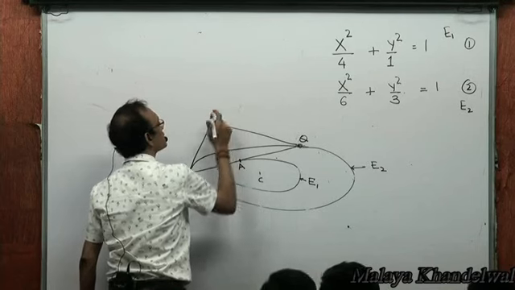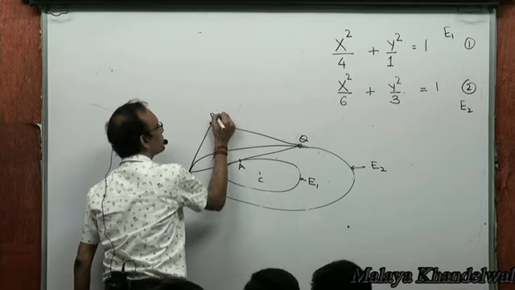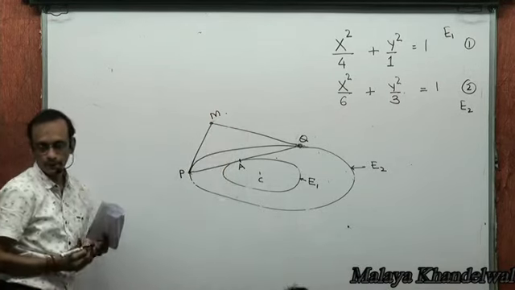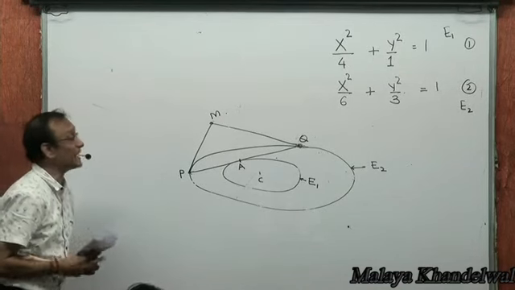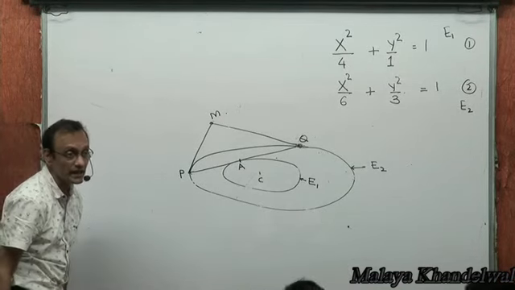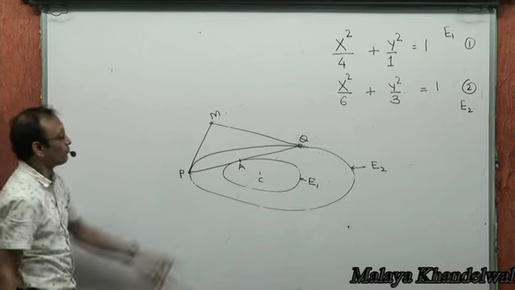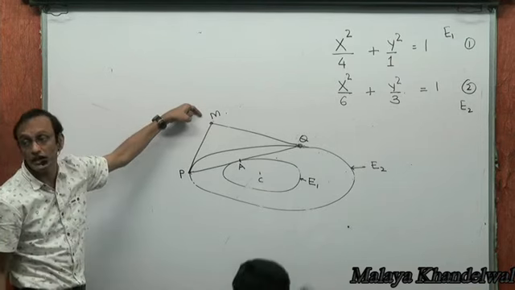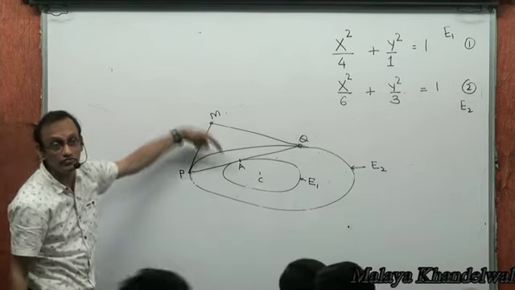These tangents at P and Q intersect at a point M. For different A's, therefore, you will get different M's.